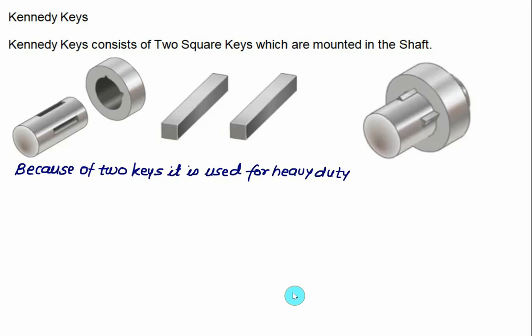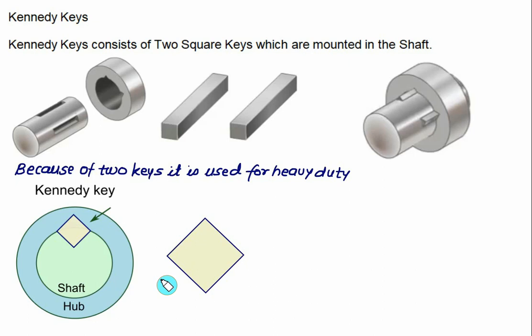In the front view you will find the key is inclined at an angle of 45 degrees. This one is an enlarged view in which the side of the square is equal to B. The shearing will take place approximately at this cross section, which is the common cross section of the shaft and hub. And what we observe is that in this case the area is going to increase.